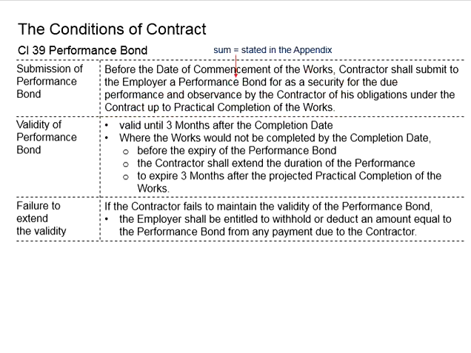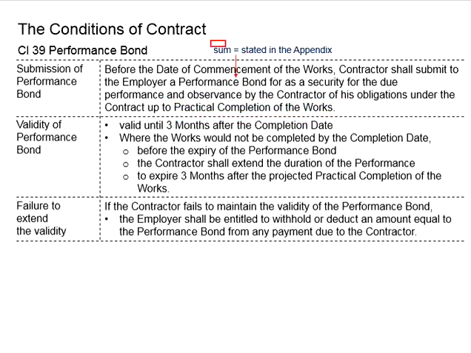It means that the contractor will have to get the performance bond before the commencement of the work, and this performance bond will need to be valid up to the completion of the work.